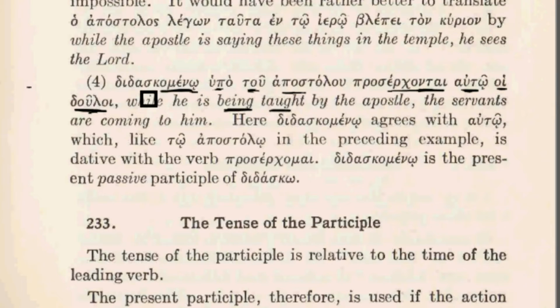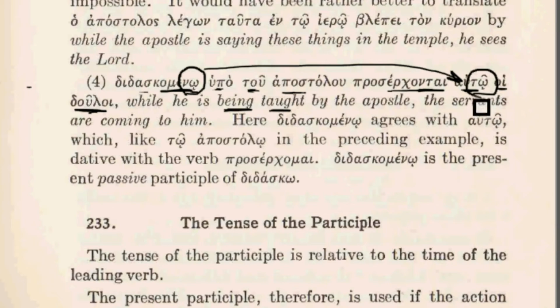But the question is, who is being taught? So the way I think about this is hoi douloi, the slaves, come to him, and then this dative must go with him, you see, because it's dative singular. So the slaves come to him while he is being taught by the apostle. You see how that works? I'm going to look at the ending of this participle and notice it has to agree with the dative pronoun here.